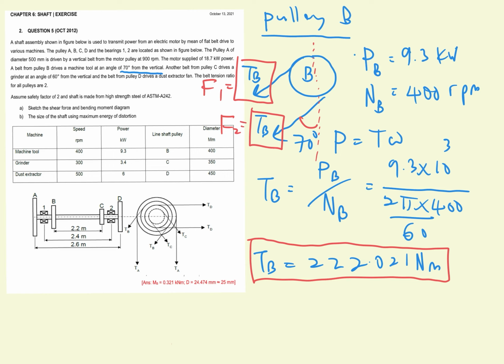We know that the belt tension ratio is 2, so the tight side F1 is equal to 2 times the slack side. This will become the first equation.